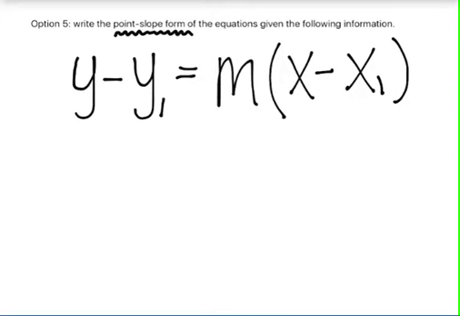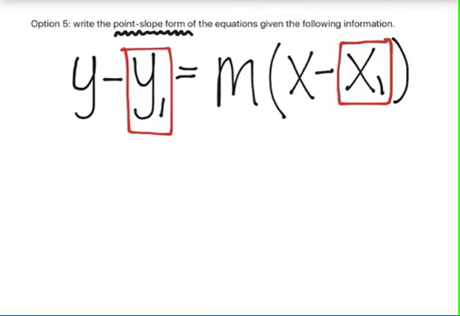We call this point slope form because there's 2 things we need to fill in. A point, which is going to be our x1 and our y1, right? Our point is an x comma y, so that's where I will be putting in those numbers. And then the slope is our m, so I will be putting the slope in for the m right in this spot of the equation.